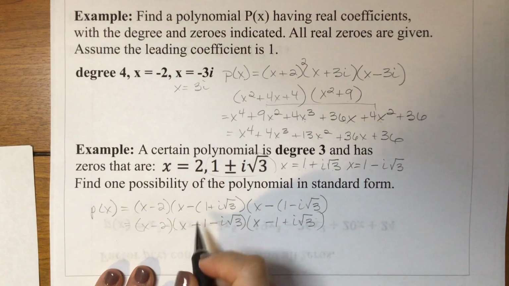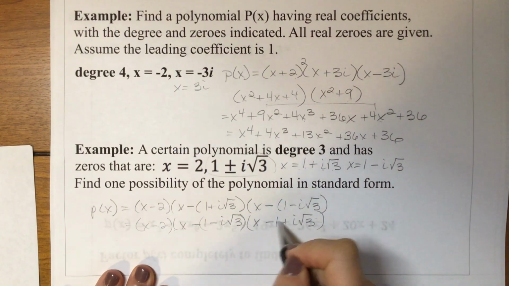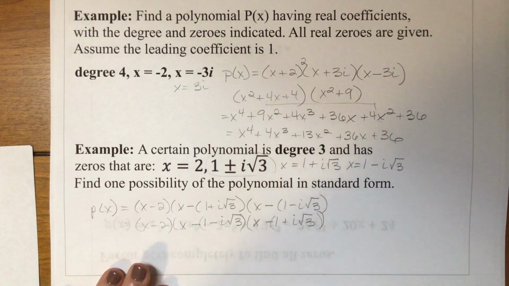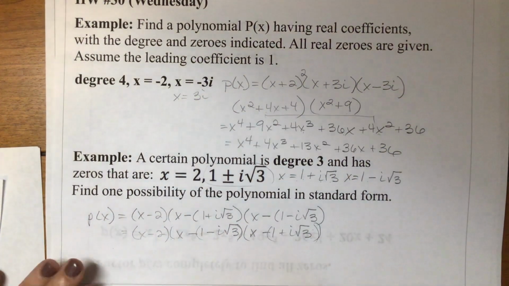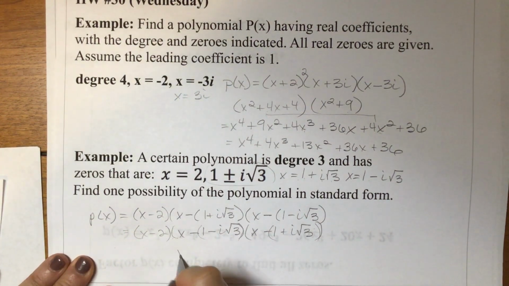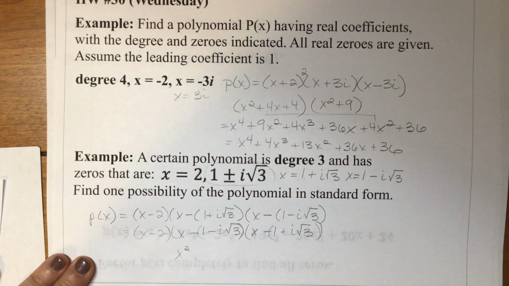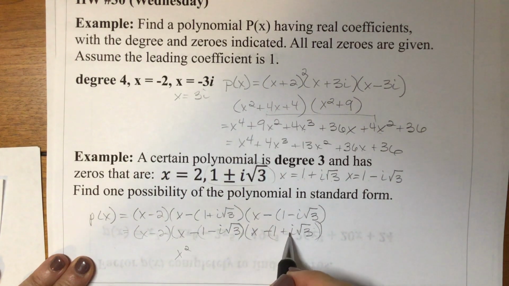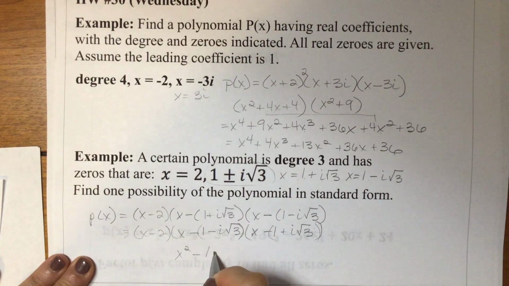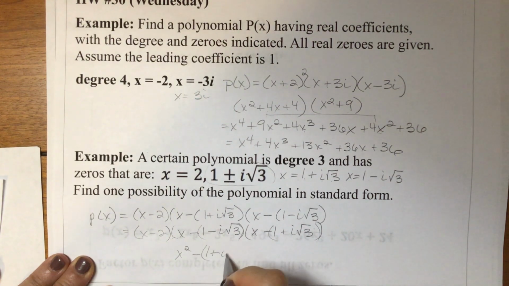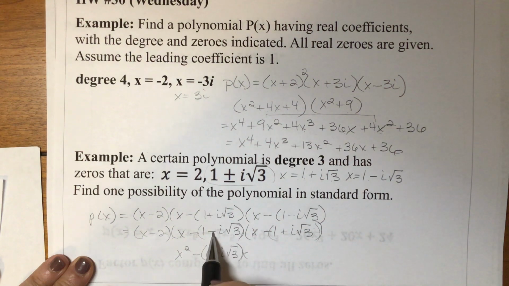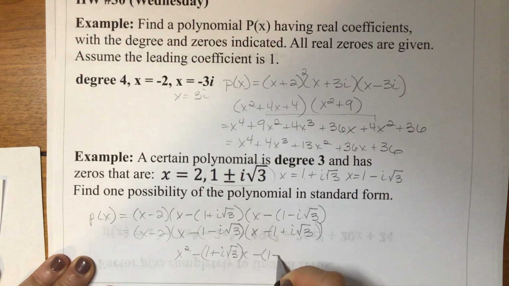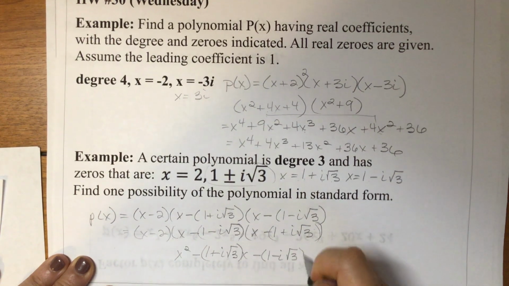And what we're going to multiply together are the x's and these. So x times x is x squared. And then if I multiply this, I have a negative 1 plus i root 3 x. And then if I multiply here, I have a negative 1 minus i root 3 x.